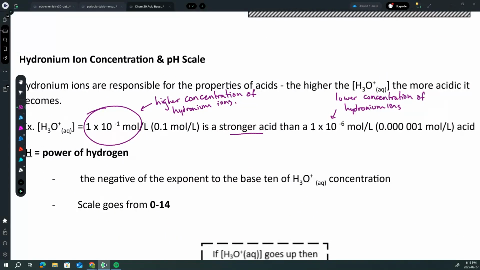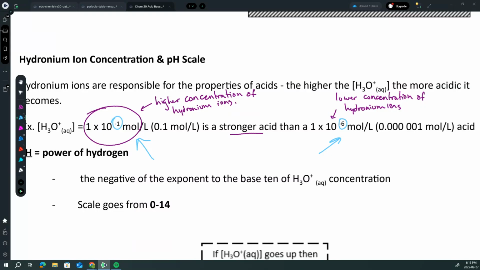Sometimes students will struggle with how to figure out if a number is bigger or smaller when they're using scientific notation. What I'd recommend is to first focus on what the exponent is. Since -1 is a bigger number than -6, that's how you can tell that this number is bigger than this number.